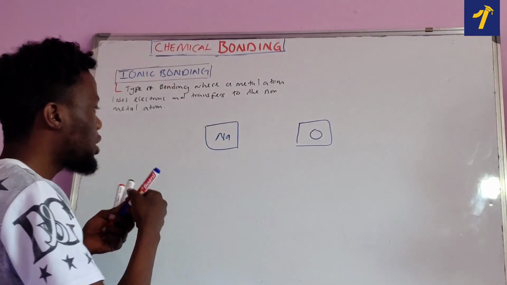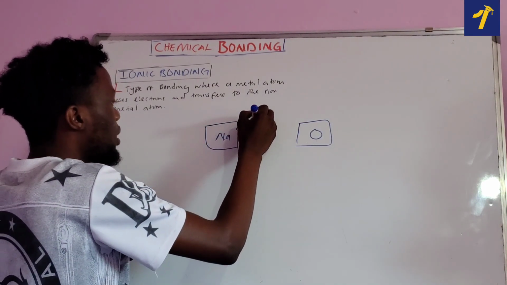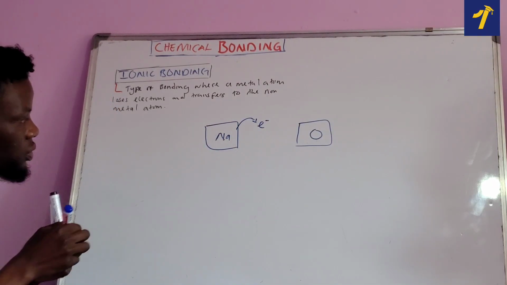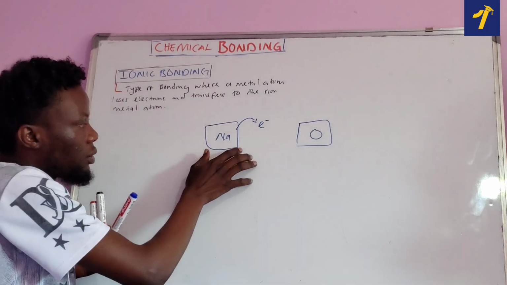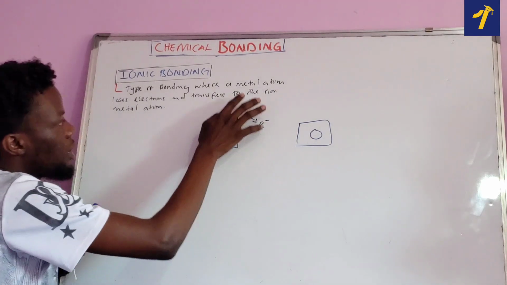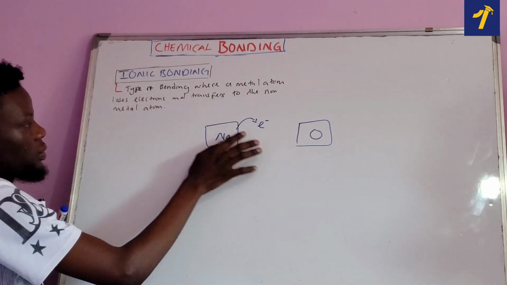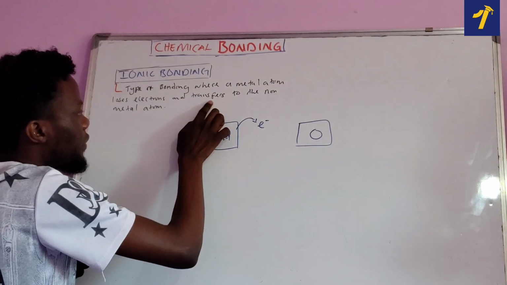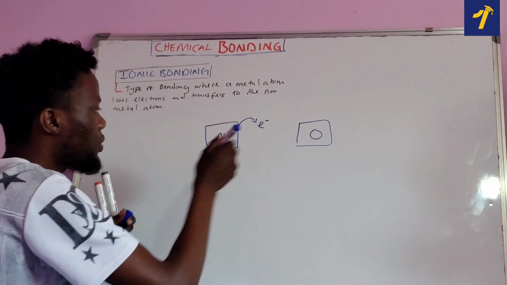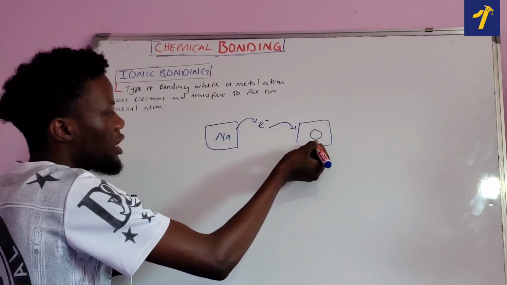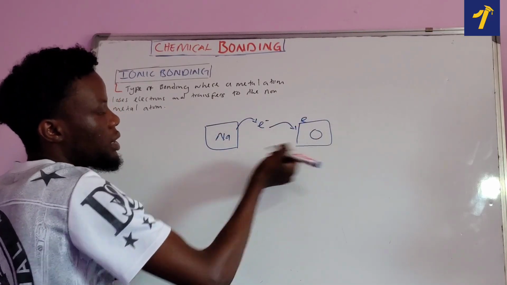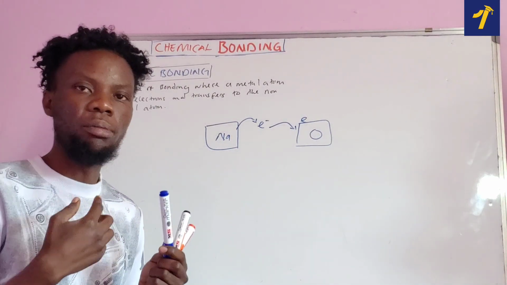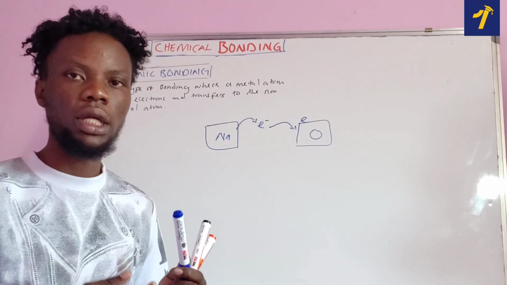This metal will start losing electrons, which I'm just going to represent as e. Remember, we said a metal atom loses electrons, so they are going to lose these electrons and transfer them to the non-metal atom. These electrons coming from here are going to be transferred to this non-metal, which is the oxygen. And this type of bonding, we call ionic bonding. That's a very important point that you need to take note of.